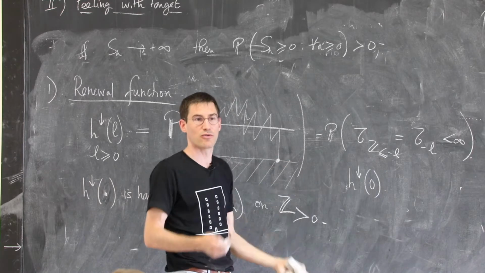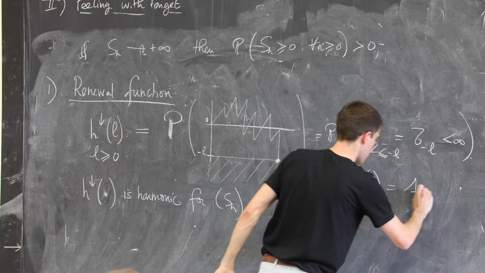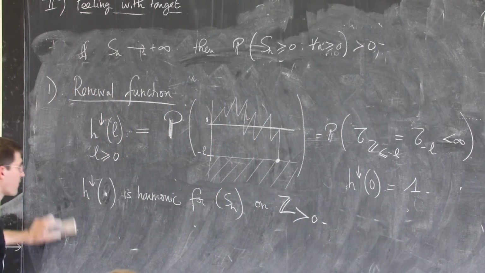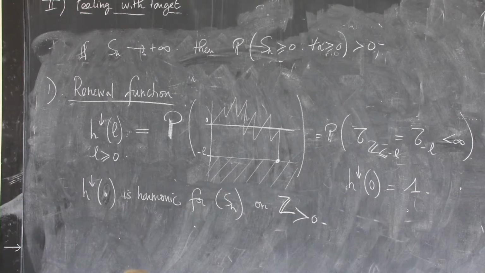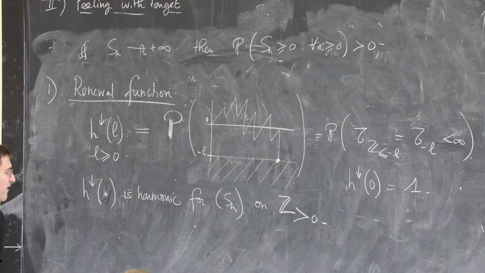At time 0, you are on the negative half line, and so this is 1. So I claim that h is harmonic on the strictly positive half line.